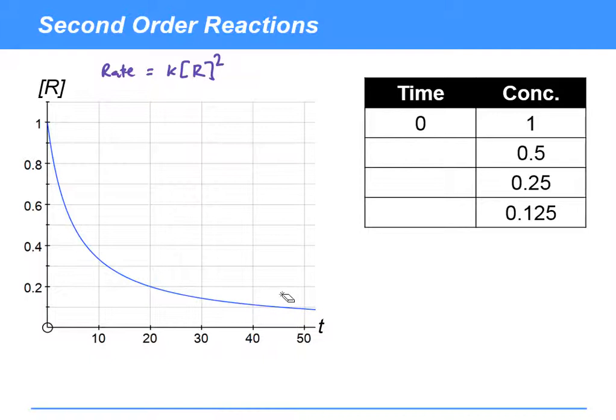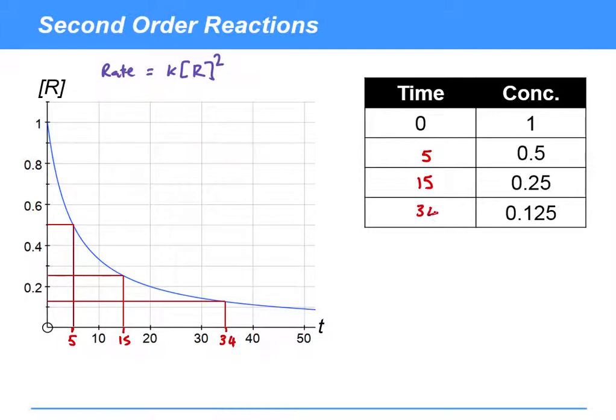Anyway, back to thinking about half-lives. So when we think about this reaction here, let's see what happens. So the first half-life down to 0.5 from 1, we measure that there, that looks like that is around about 5, so 5 there. Our second half-life, it looks as if we're going to be around about 15 maybe at that point. And the third half-life going down to 0.125, it's going to take us all the way up to around about, say, 34 there.